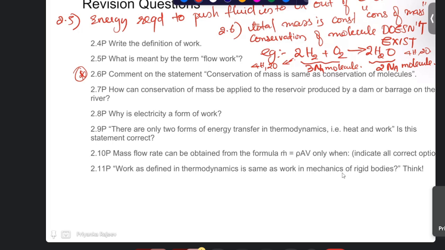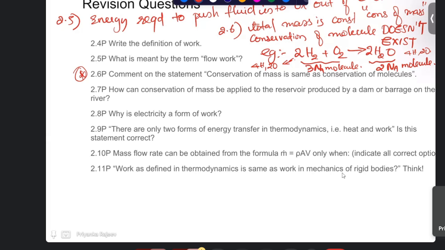Hydrogen is 1, so 4 units of mass, plus 2 oxygen, and oxygen mass is 16, so 2 is 32. So it is 32 plus 4, 36. The other side is also 36 units of mass. So mass is conserved all the time, not molecules. This is a counter example that you can give to show this is not how it works.